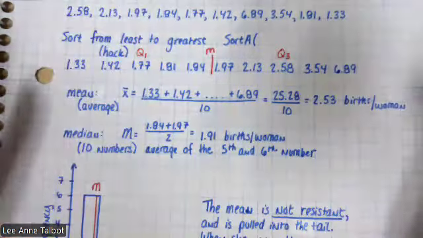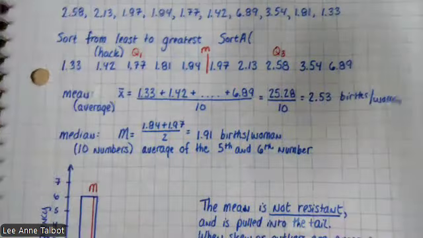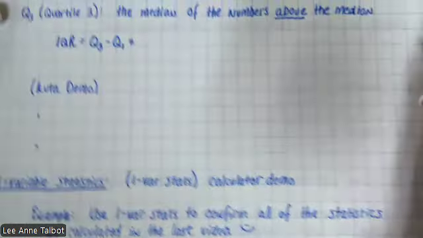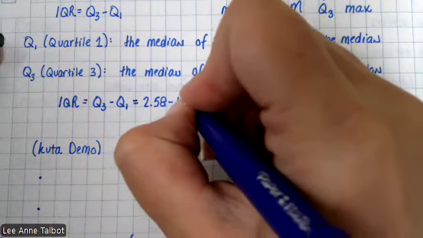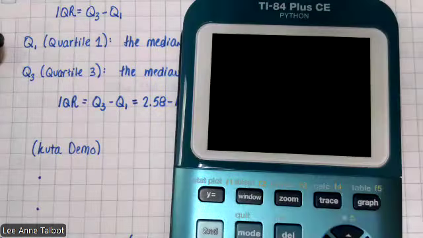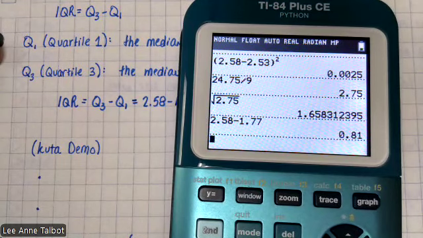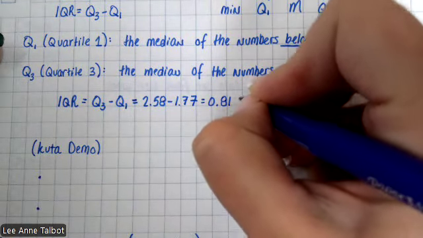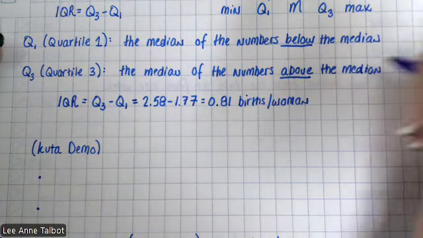So my interquartile range is going to be 2.58 minus 1.77. Zero point 81 births per woman.